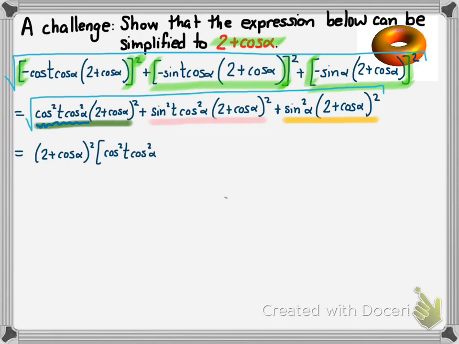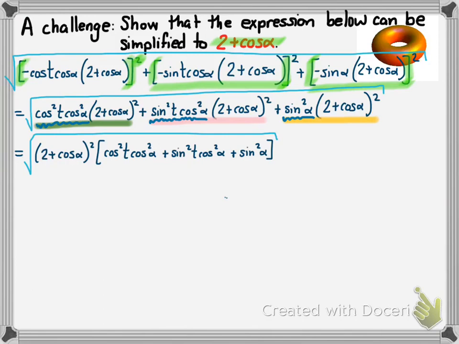And in our second grouping, after we've factored out 2 plus cosine alpha squared, we have sine squared t times cosine squared alpha. And then in our last grouping, after we factor out 2 plus cosine of alpha squared, we have sine squared alpha left. And still, the square root is over everything.